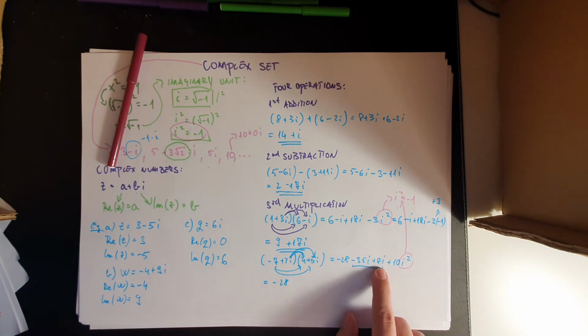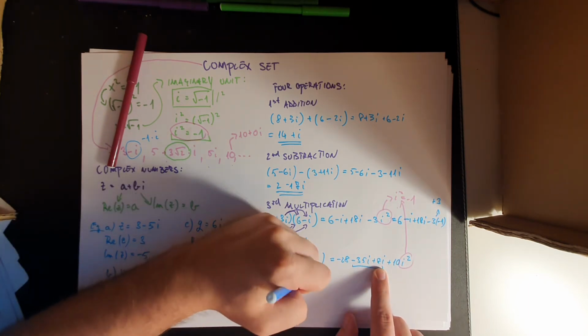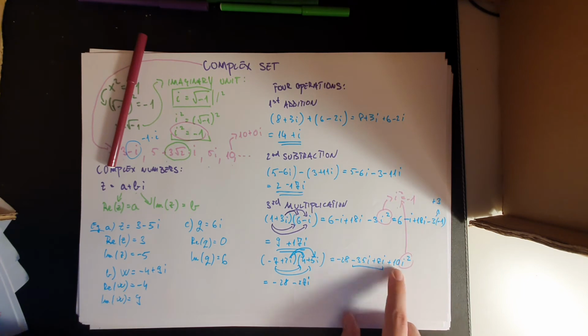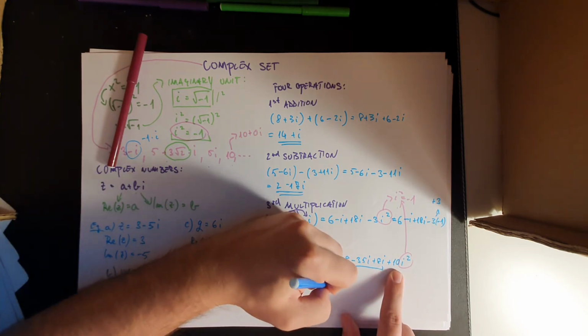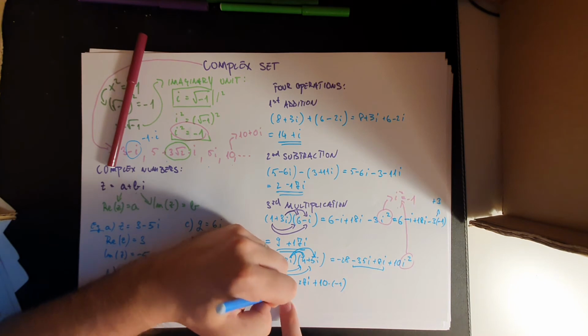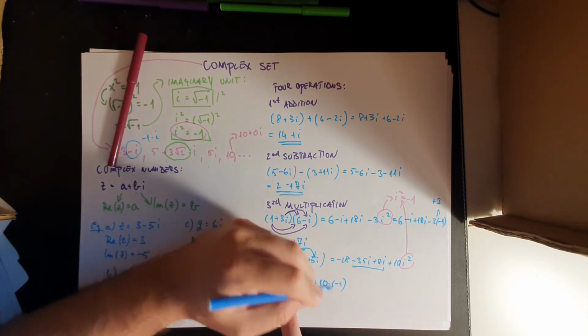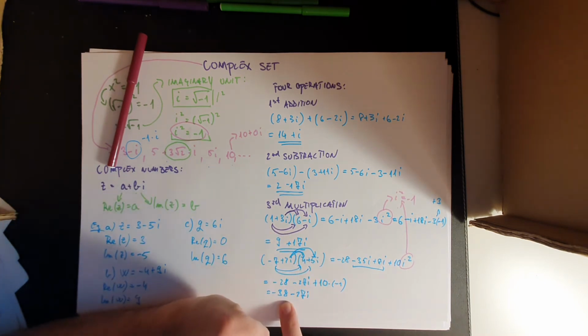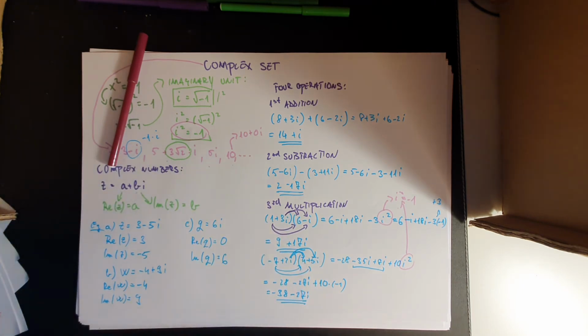Meantime, minus 35i plus 8i is going to be minus 27i, and plus 10 times minus 1. 10 times minus 1 is minus 10. Minus 28 minus 10 is minus 38 minus 27i. And we've solved the multiplication.